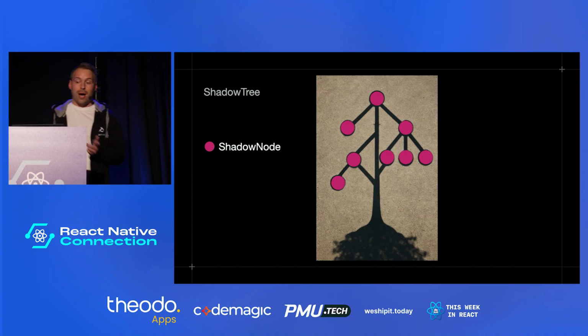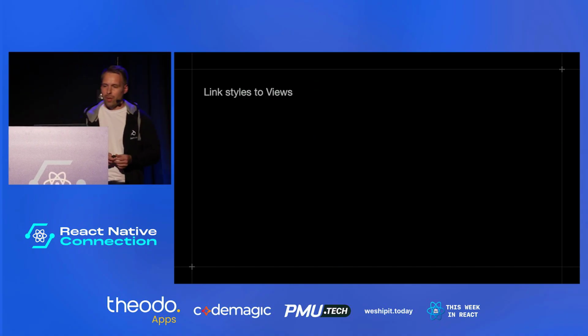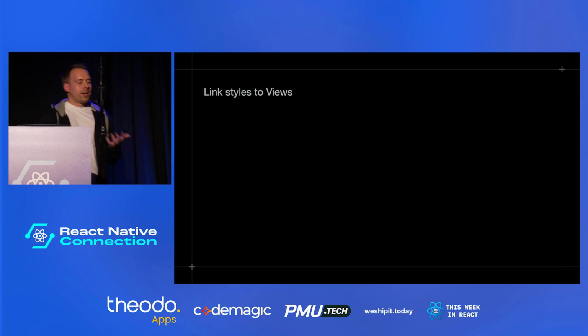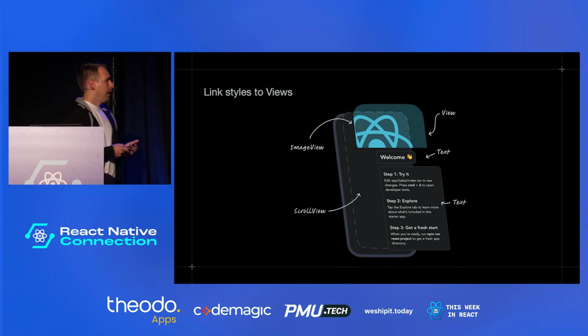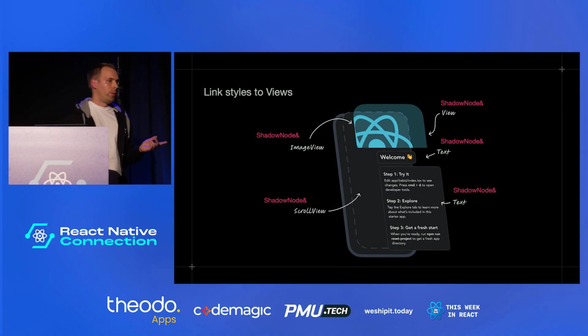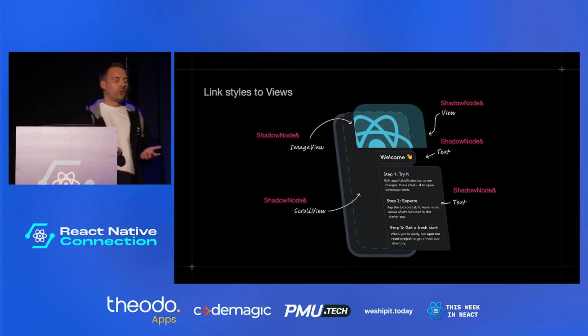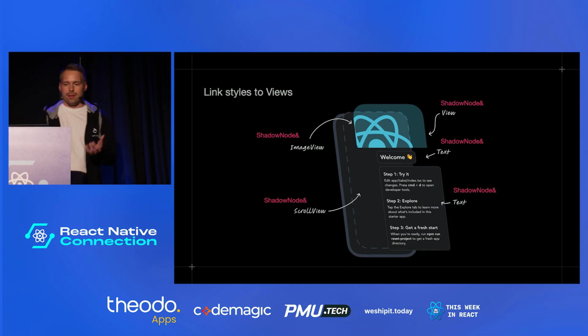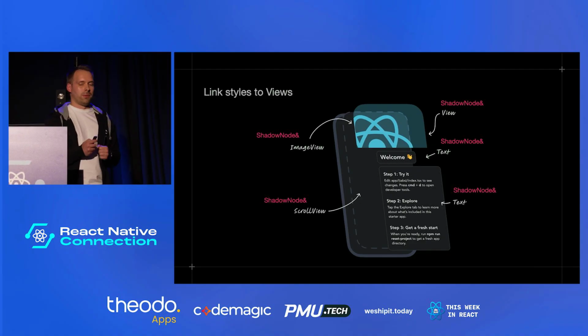That's what Hannes also showed you in the previous talk. But again, what are shadow nodes? Okay, we have a tree and so on. The truth is, every React Native component, or custom component if you build one, is a shadow node. So we need to figure out how to get a shadow node, for example, from a React Native view.